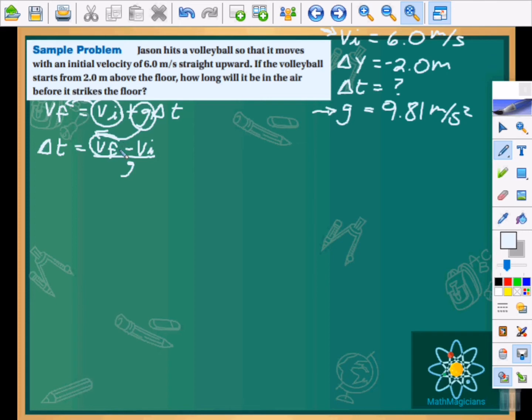As you can see, to find time, you really need final velocity, so we're going to change our color and change our formula to find final velocity. Now, we have a formula that says final velocity squared is equal to initial velocity squared plus 2 times gravity, that was your acceleration, times your displacement in y.